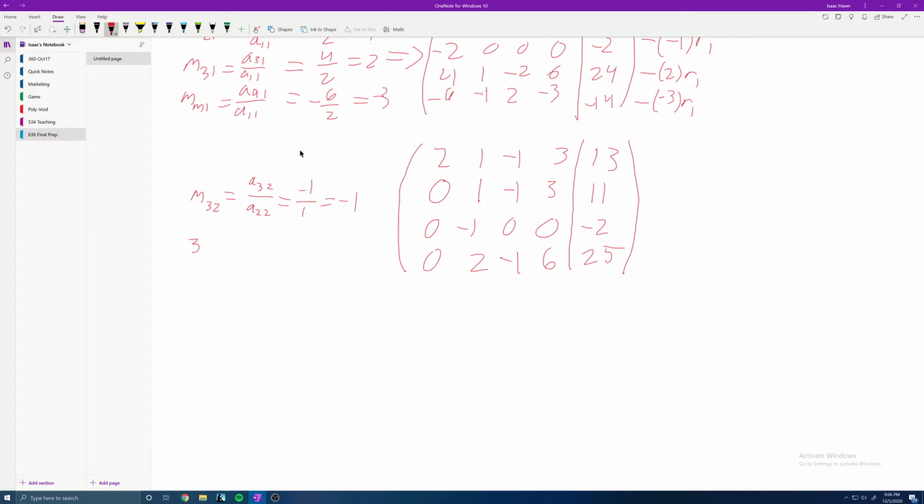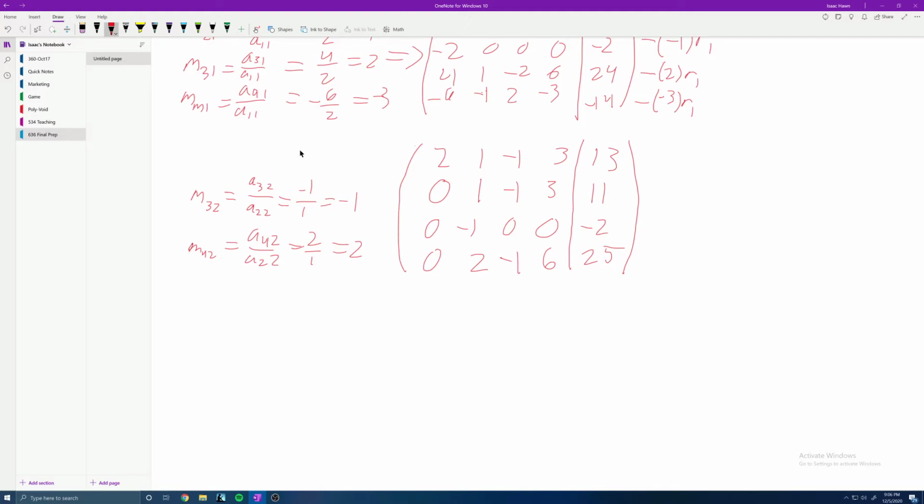Similarly, M42 equals A42 over A22, which is 2 over 1, equals 2.